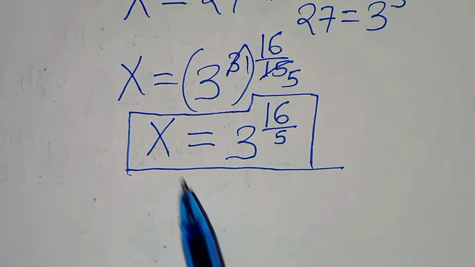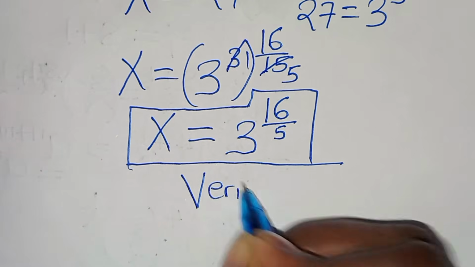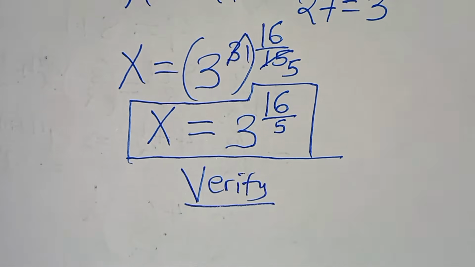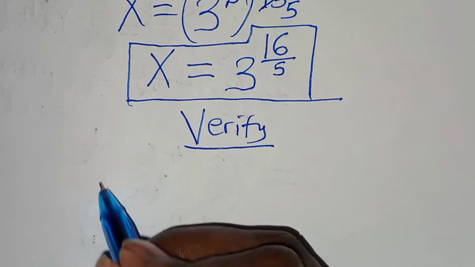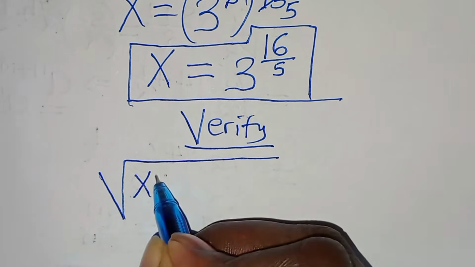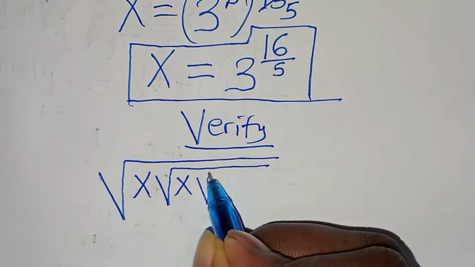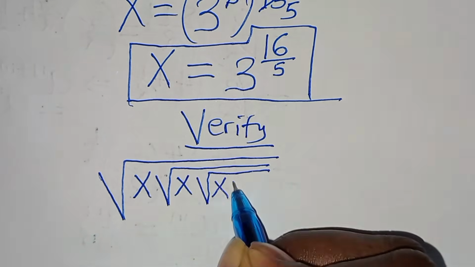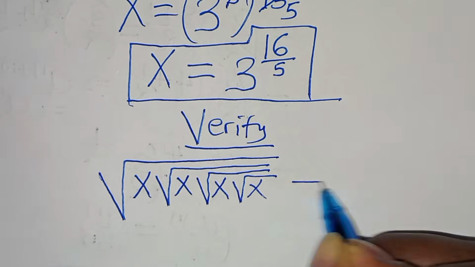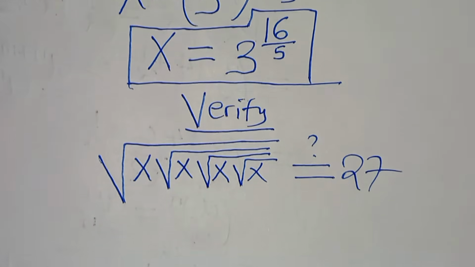The next step from here is to verify that this value of x satisfies the equation. Now, if you recall, we have the square root of x multiplying by square root of x multiplying by square root of x, then times square root of x. This is supposed to give us a value of 27.